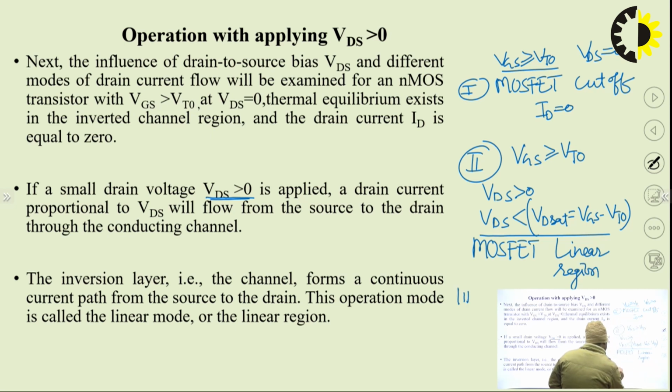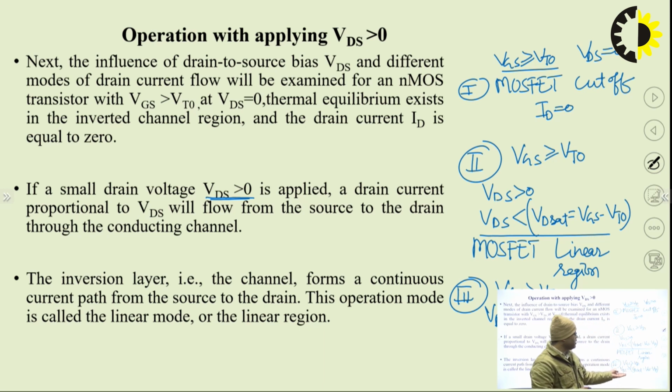Now the third condition. When VGS is greater than or equal to VT naught and VDS is equal to or greater than VD saturation. VD saturation means VGS minus VT naught.